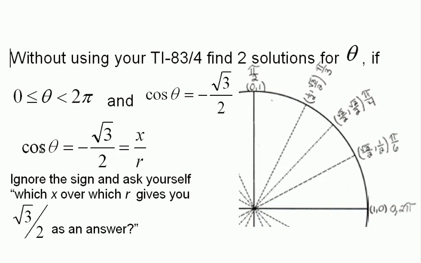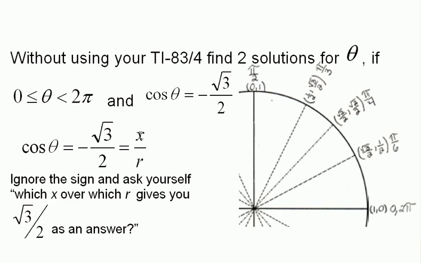I'm told that cosine theta equals negative root 3 over 2. The reference angle that I want to find in the first quadrant would be an angle that the x of that angle divided by the radius would give me root 3 over 2 as an answer.